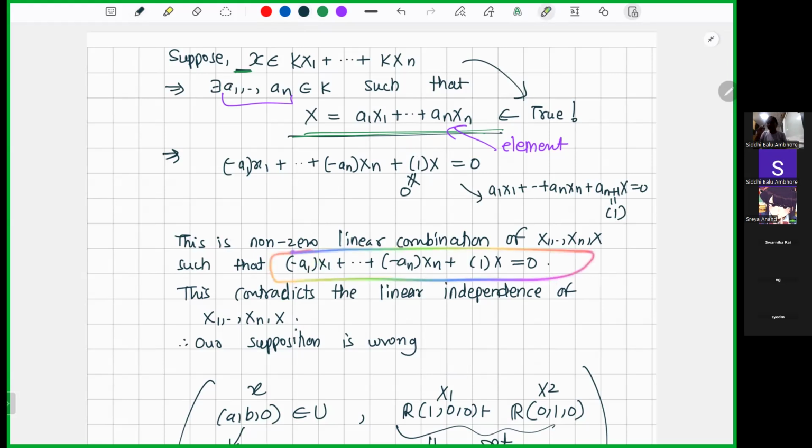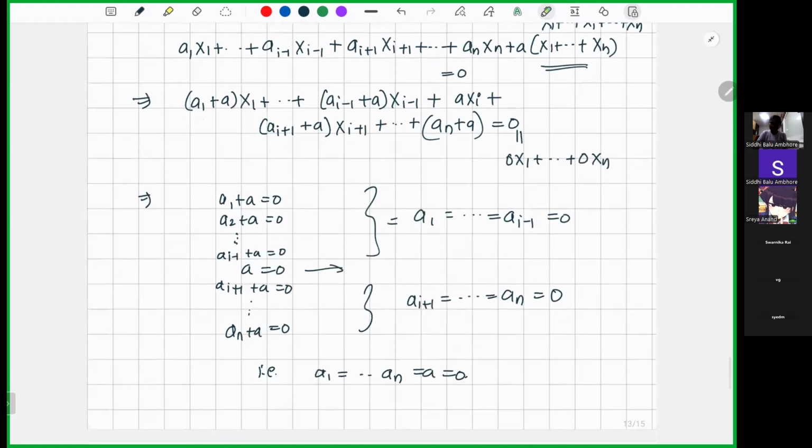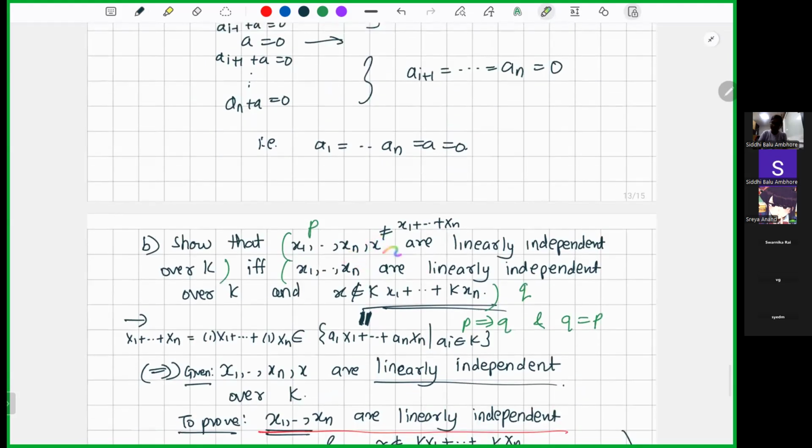Okay. But once I have this expression to be 0, it means that x1, x2, xn and x are linearly dependent. But that contradicts the given fact that this set is linearly independent. That is given to us.